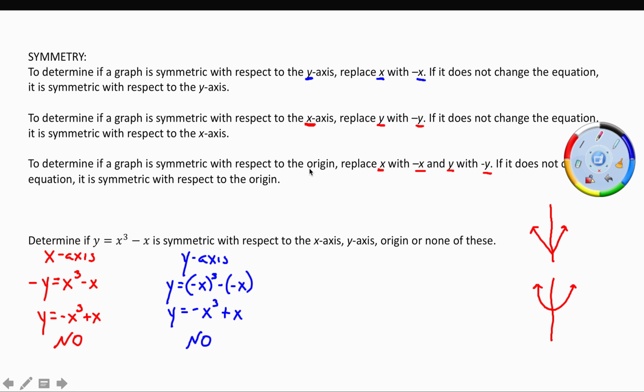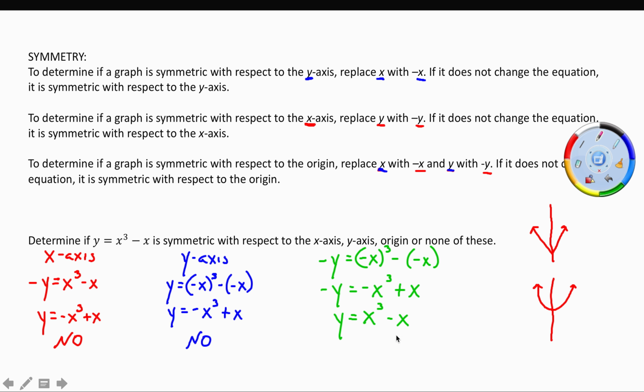Let's see if it's symmetric with respect to the origin. I'm going to replace the x and the y. So I'm going to take this equation and I'm going to say negative y equals negative x cubed minus negative x, which is negative y equals negative x cubed plus x, and then multiplying or dividing by that negative 1 to get back to y, y equals x cubed minus x.